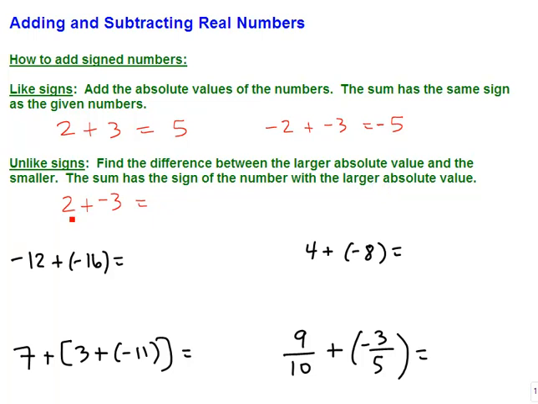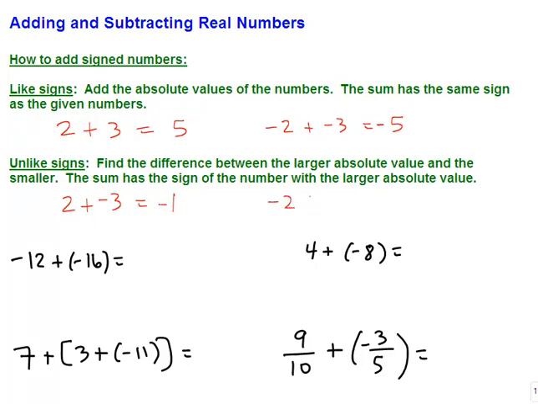So if you have 2 plus negative 3, ignore the signs initially. Since the signs were opposite, we want to subtract. Take the bigger number minus the smaller number. 3 minus 2 is 1. And then the answer has the same sign as the bigger number. In this case, 3 was larger and it was negative, so our answer is going to be negative.